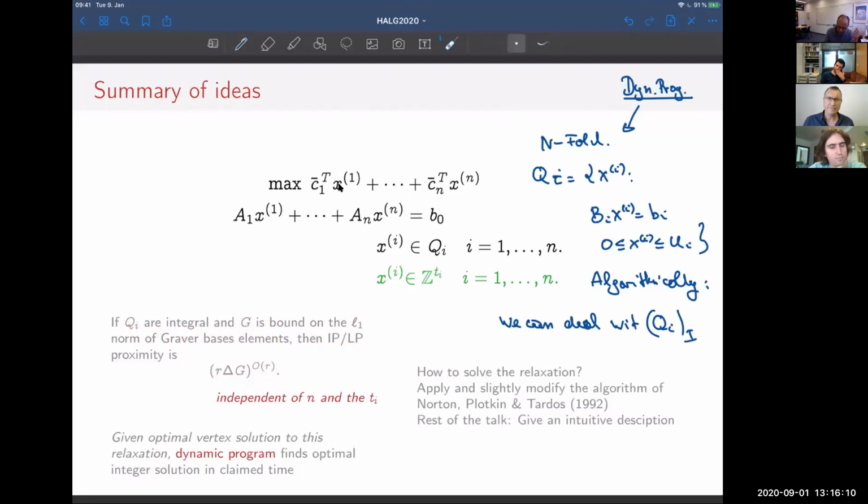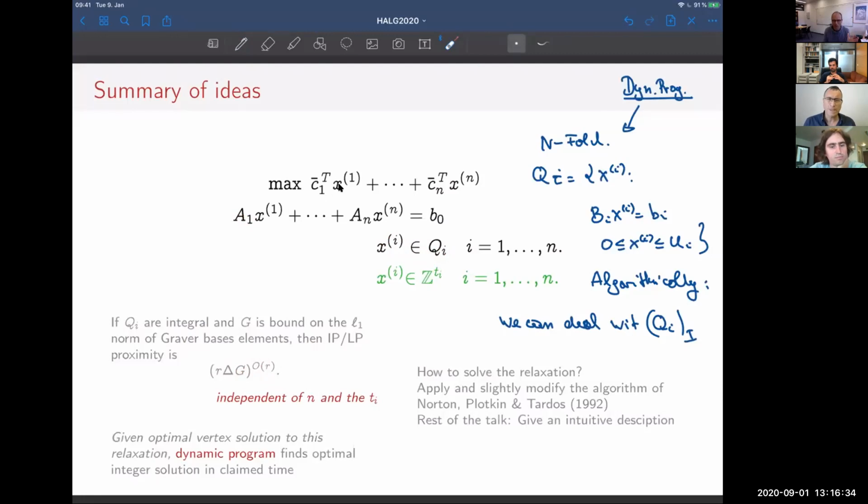It only has R, which is the number of rows in the linking constraints, delta, which is the largest component of A, g, which is the largest one norm of a Graver basis element in the Qi, and then we have that to the power of O of R. So this is a constant. This is really all you can hope for.